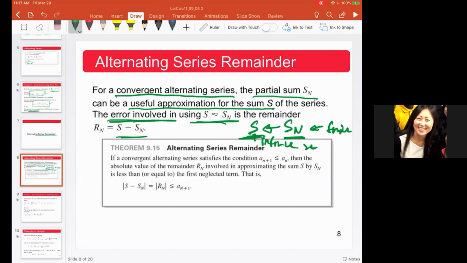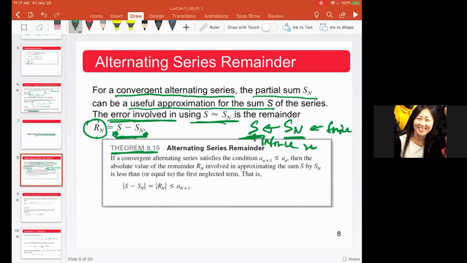So there will be an error, which we call R sub n. So R sub n gives me the error between the real sum and the partial sum, the infinite sum minus the partial sum. So let's see what the theorem says.